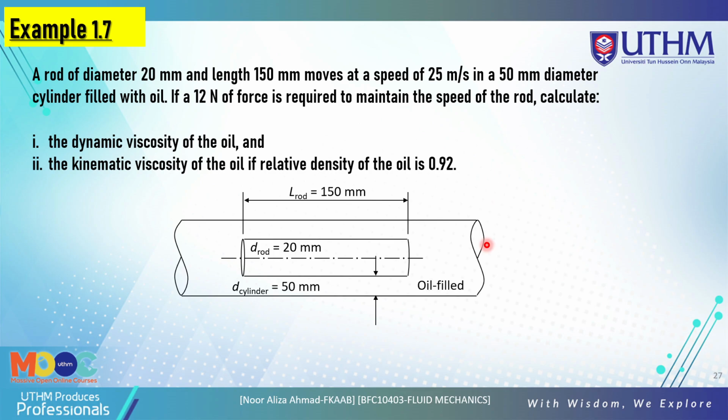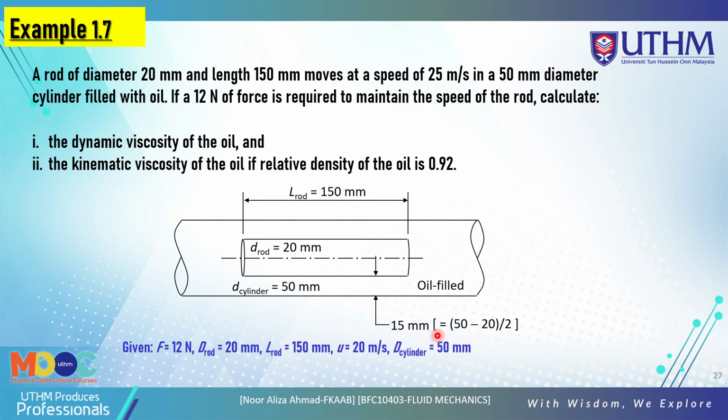Looking at the rod here, the given data are: F is 12 Newton, diameter of rod is 20 mm, length of the rod is 150 mm, speed is 25 meters per second, and the diameter of the cylinder is 50 mm.